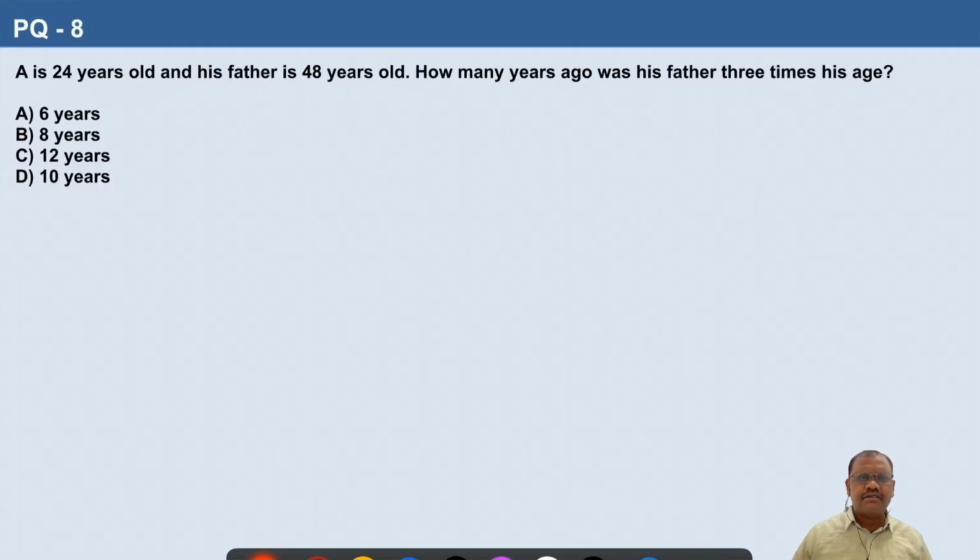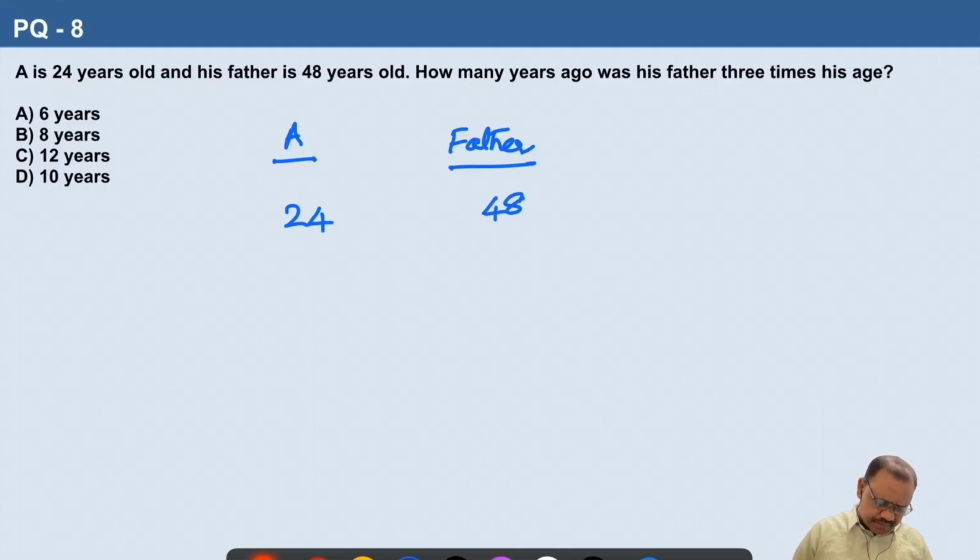Question number 8. A is 24 years old and his father is 48 years old. How many years ago was his father 3 times his age? A and father. So A is 24 and father is 48.